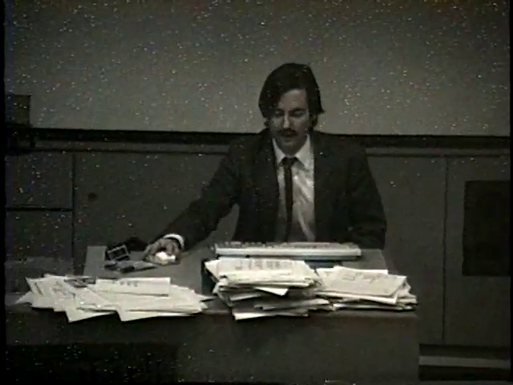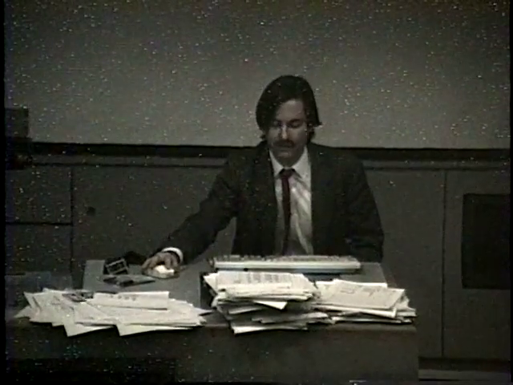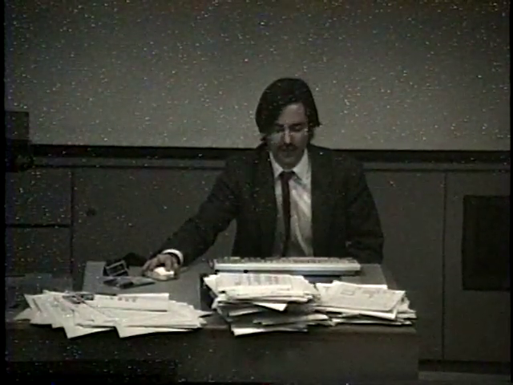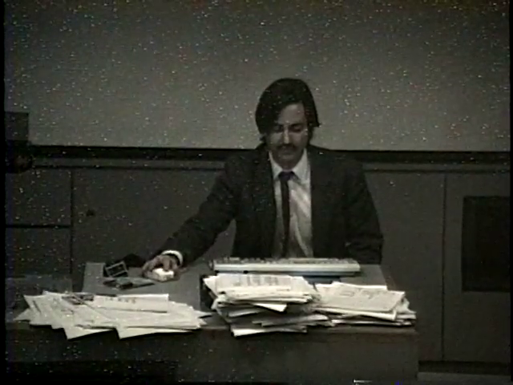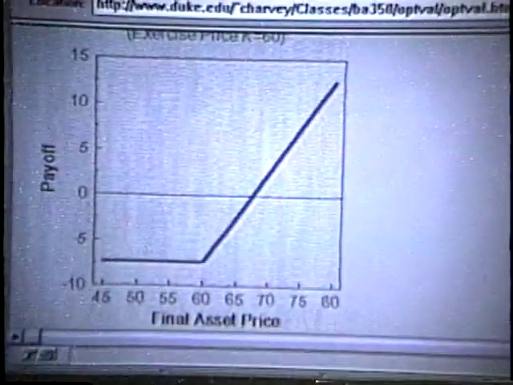Okay. Well, the first part of this question is quite easy. This question is drawn up from an old midterm of Myron Scholes at the University of Chicago, and I should give credit for it. Here's the call option payoff. So we should be able to do this payoff diagram.